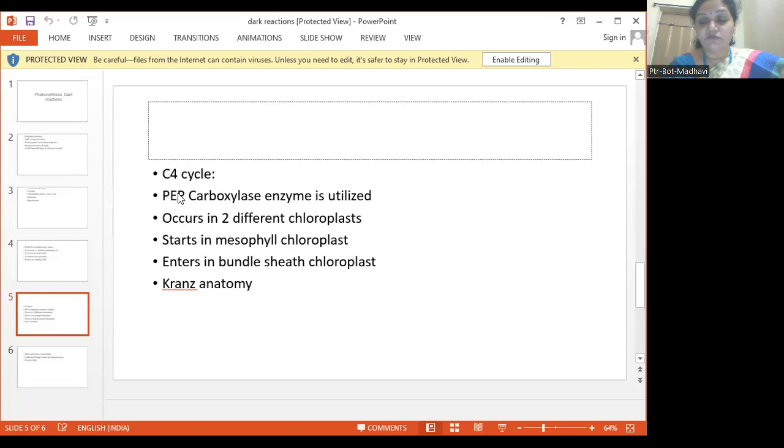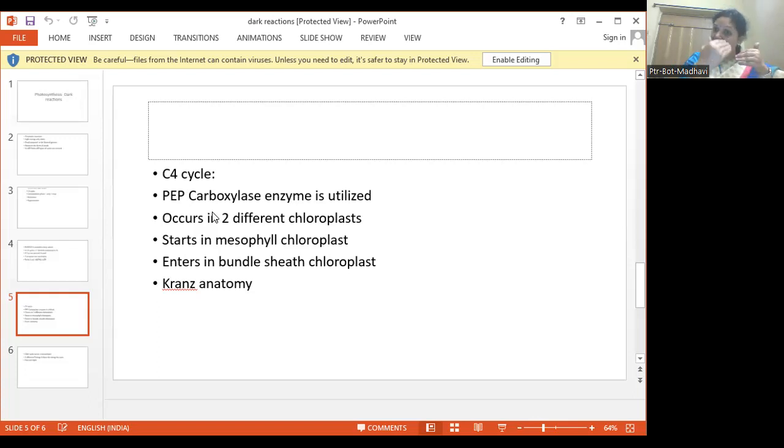And in this, the Rubisco enzyme is not sufficiently present in the mesophyll chloroplast. So this process starts from the mesophyll tissue of the leaf body only. The mesophyll chloroplast does not have the Rubisco enzyme, so they will start with the PEP carboxylase. And this one can start photosynthesis even when the carbon dioxide concentration is low in the outside atmosphere.